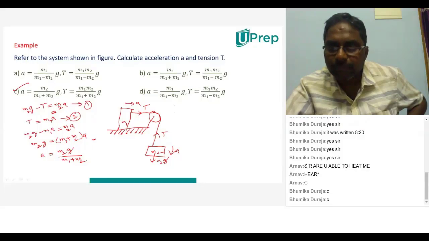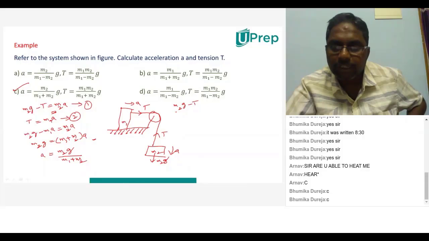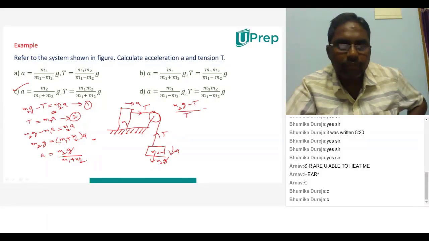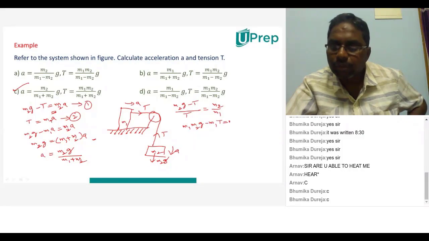I'm writing this side: M2G minus T divided by T is equal to M2 by M1. So if you cross multiply, M2G minus M1T is equal to M2T.